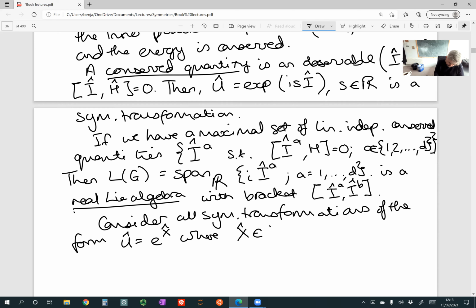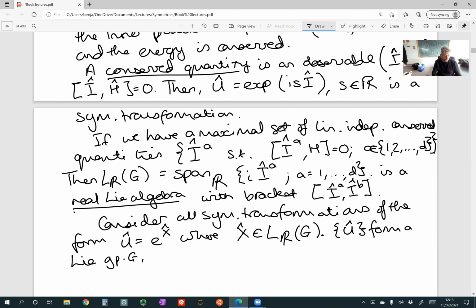Excuse me, I should have put a little suffix R to make it clear that it's a real Lie algebra. So the set of all these U hats forms a Lie group G. So this is compact since it's a subgroup of a product of unitary groups.